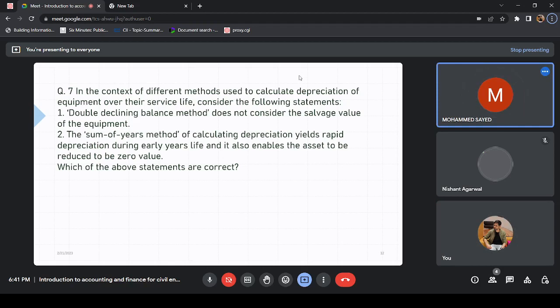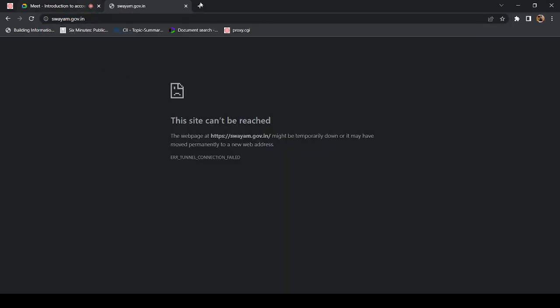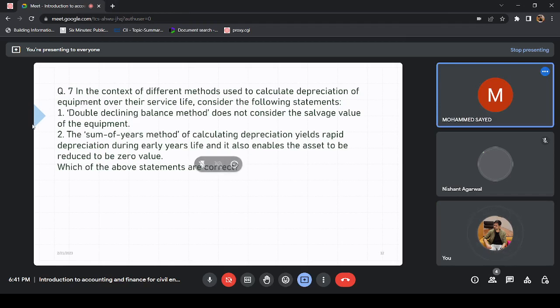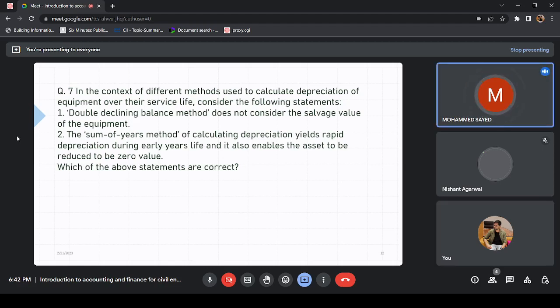Let me try if the portal is opening now, so I can give you the data. No, the portal is not opening. But I hope you got the concept, what to do in that case exactly. Yes, sir. It might happen that the answer is not matching. We will look into it, and you can put it on the discussion forum.